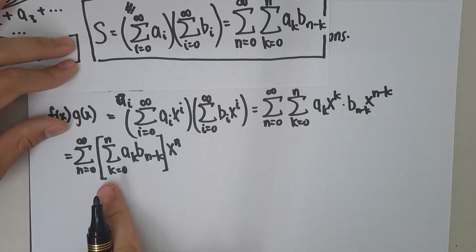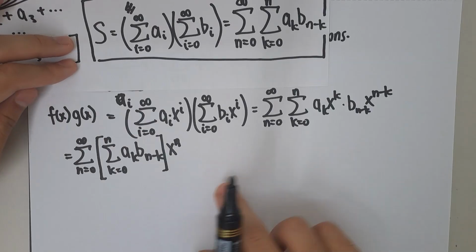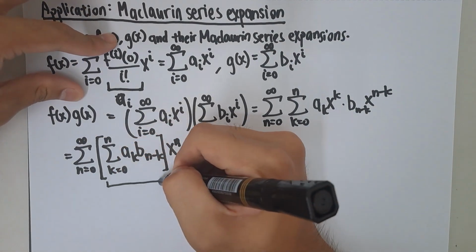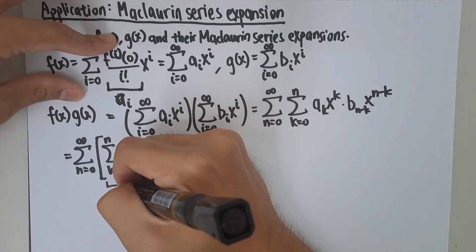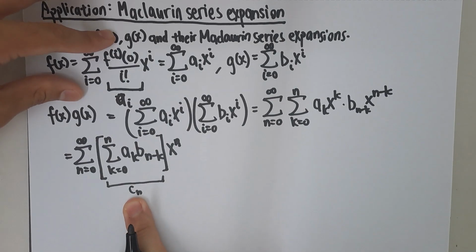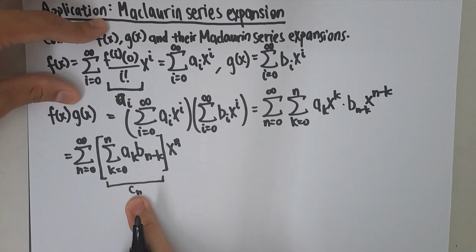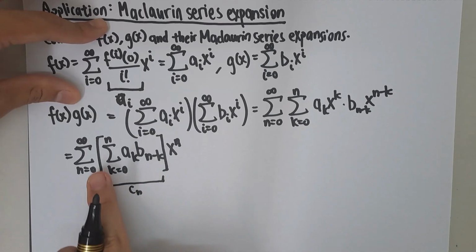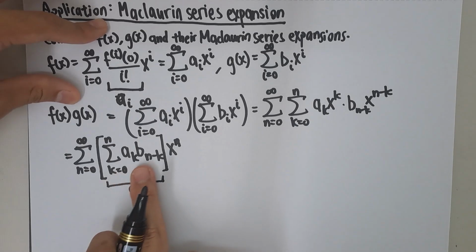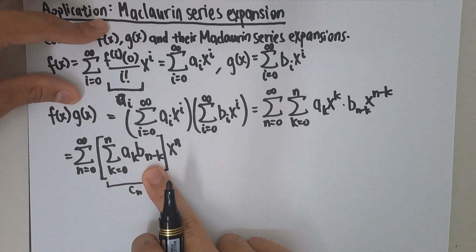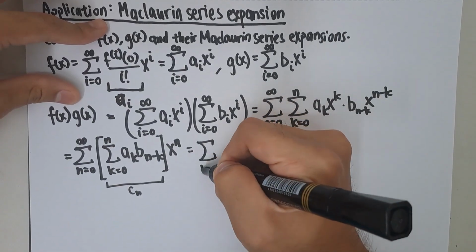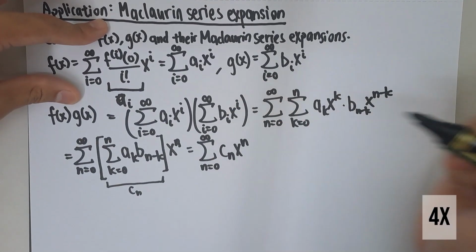And this is a pretty cool result, because here we can call this c sub n, where this c sub n is a sequence, another sequence. And we don't have a k here because this k is a dummy variable. And we get the sum of c sub n x^n.